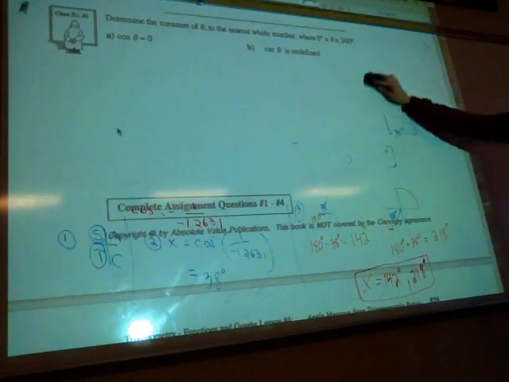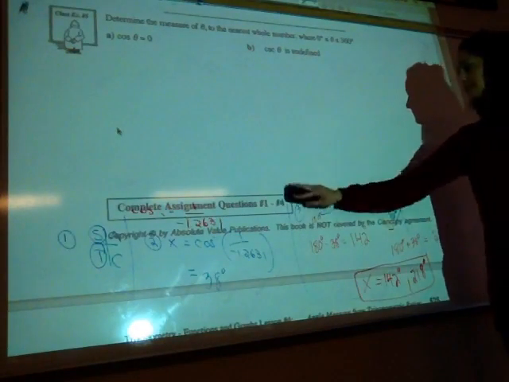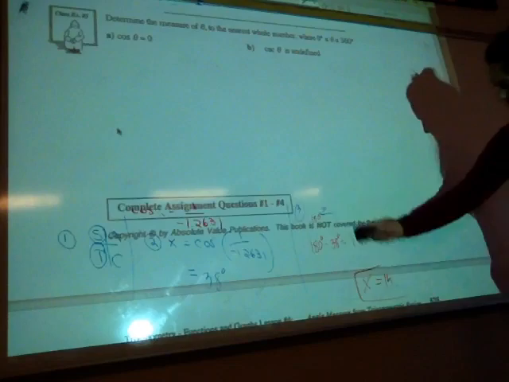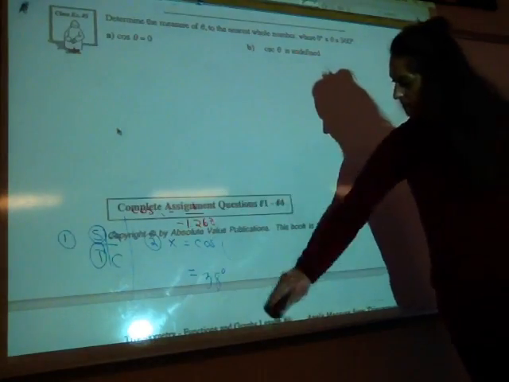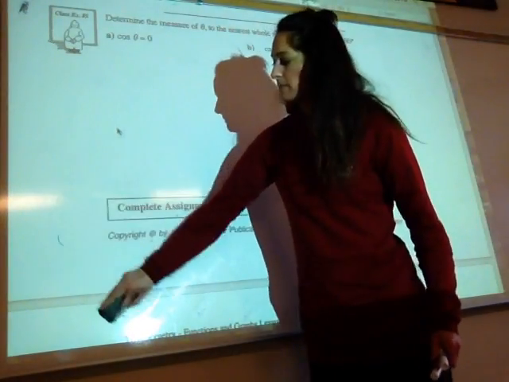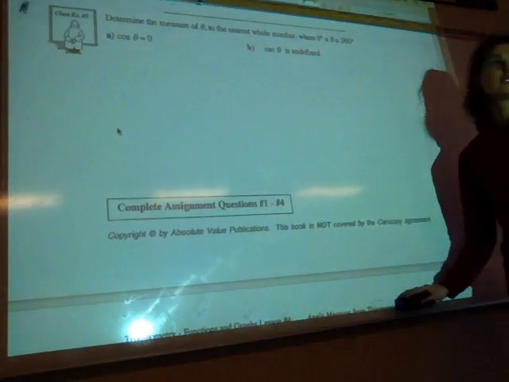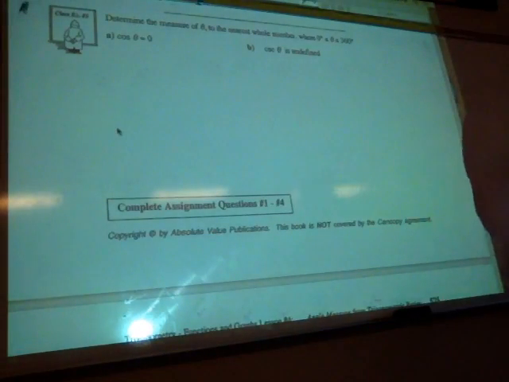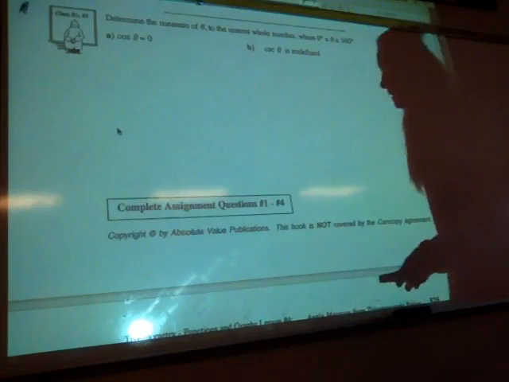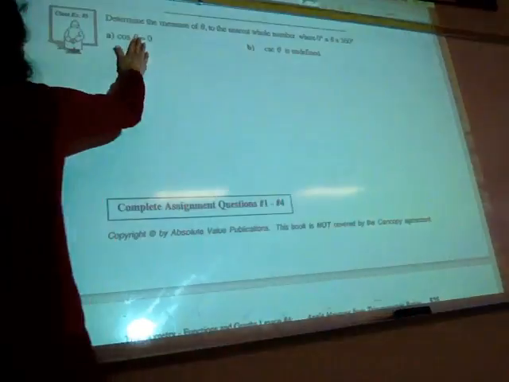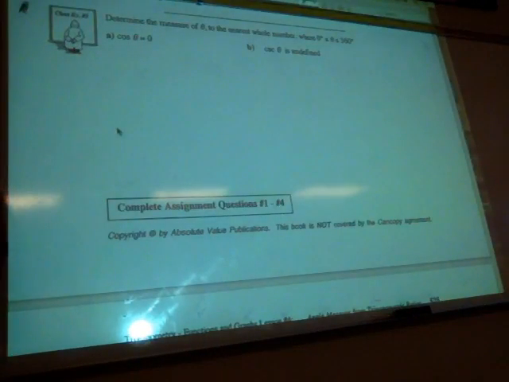Okay, these next 2 examples are kind of unique, because we end up with a reference angle that doesn't actually fall within the quadrant. It's on the axes. So if we have cosine theta equals 0, is 0 a positive or negative? I don't know.